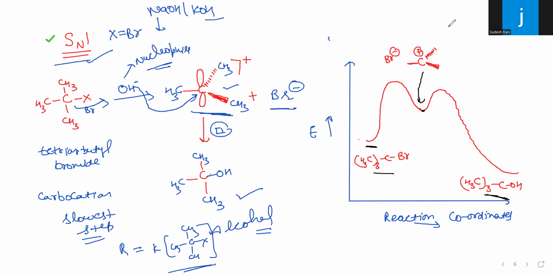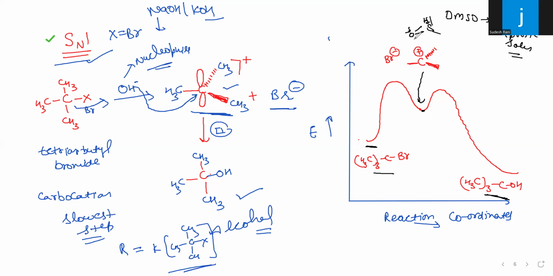Suppose this reaction is carried out in DMSO. DMSO is polar aprotic solvent. So what will DMSO do here? What is the role of DMSO? In DMSO, this oxygen has partial negative charge, sulfur has partial positive charge.